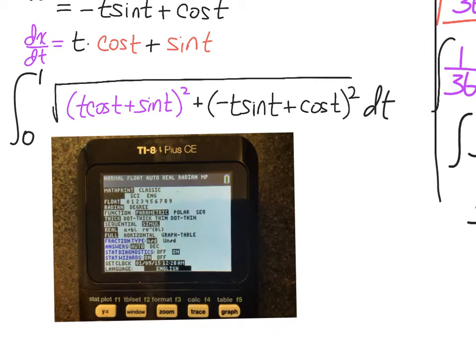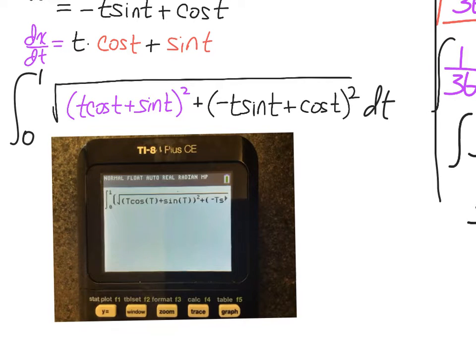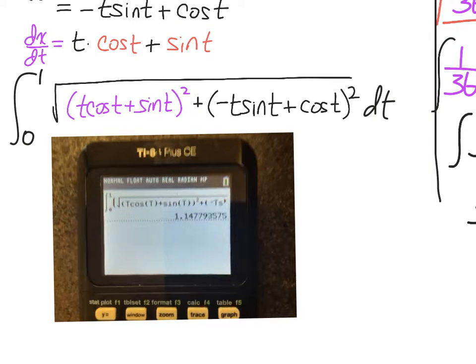Double check that. Good to go. Moment of truth. Nice. Nice. All right, so we're looking at approximately 1.148.